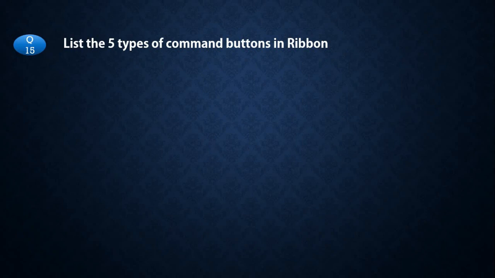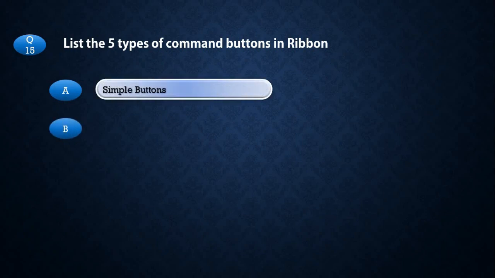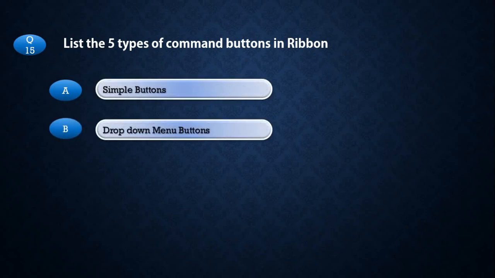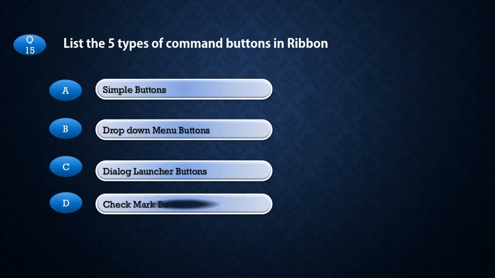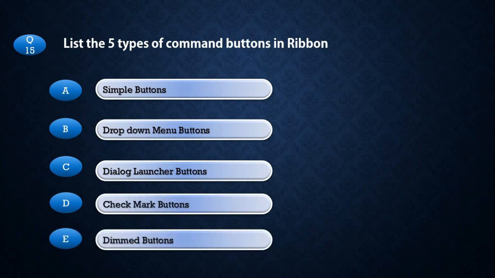So next one, list the 5 types of command buttons in ribbon. We have simple buttons, drop down menu buttons, dialog launcher button, checkmark buttons, and dimmed buttons.